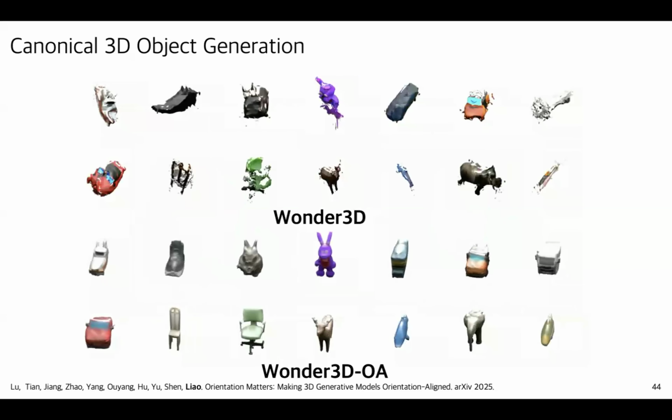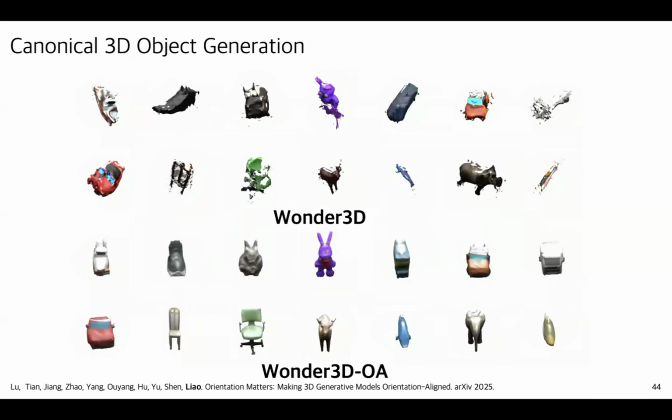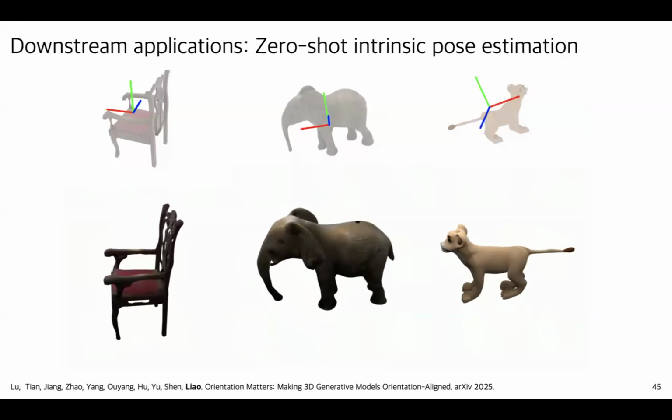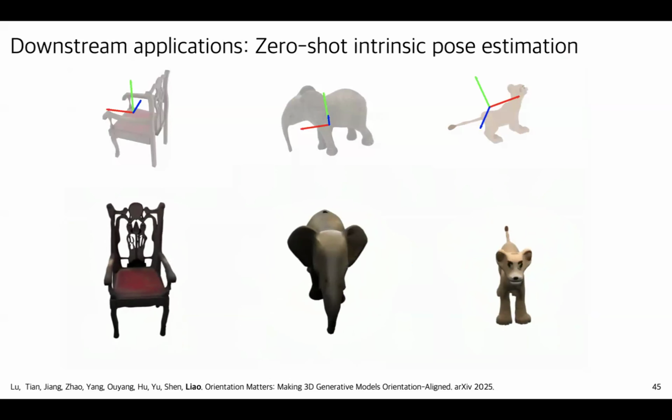This orientation aligned dataset can also be used to fine-tune other generative models. We show that we can also use it to fine-tune image-based multi-view generation models like Wonder3D, where we're also able to align the objects generated by Wonder3D. With this capability, we are now able to perform what we showed before, right?